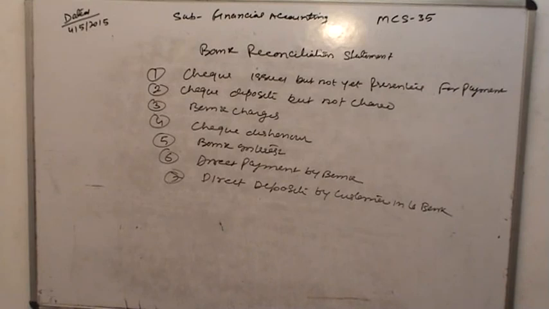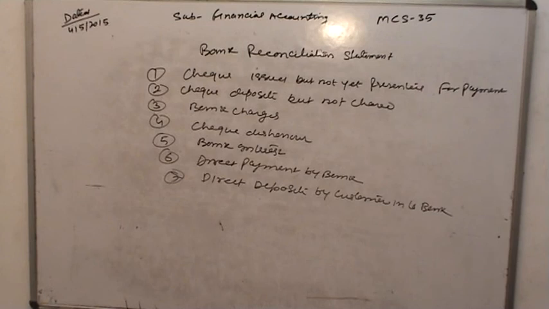Then direct deposit by customers into bank. Whenever we send a reminder to the debtors for collection of funds on maturity, and the customer is unable to pay the amount at the office but deposits it directly into the bank account, the balance of passbook is increased due to the deposit by the customer, and the cash book is unaffected, and then there is a difference between both the balances.